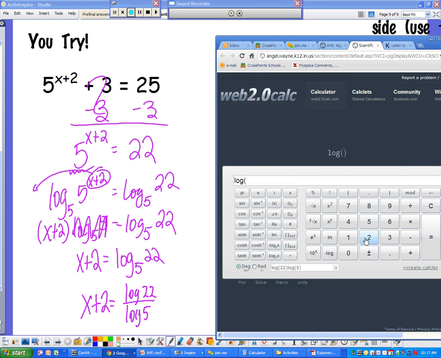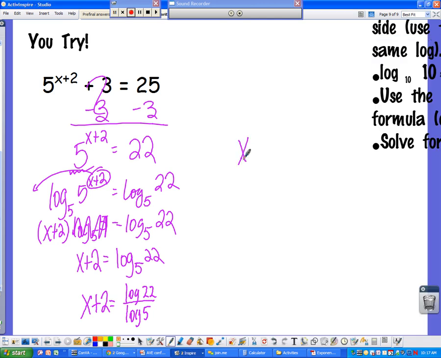Log 22 divided by log 5 gives 1.92. So x plus 2 equals 1.92. And then you're going to minus the 2. So x equals negative 0.08 as your final answer.